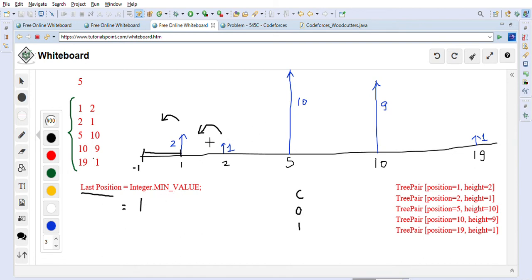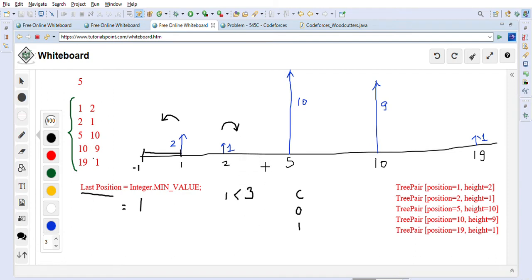So it will touch this boundary, and we will not be able to fall that tree on the left side. So we will now try on the right side. As you can see, 2 plus 1 is equal to 3. Last position is 1, which is less than 3, correct? Which means that we can fall this tree on the right side.